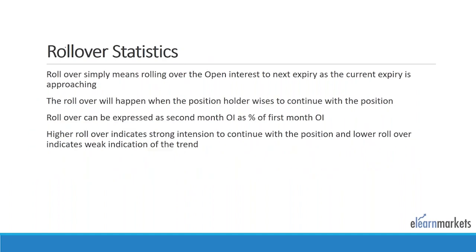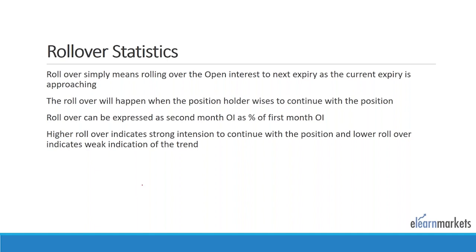What is rollover? Rollover is nothing but whatever contracts you have in the current month, when you want to roll over your contract to the next month, you have to pay certain rollover costs, depending upon whether you are a buyer or a seller of a contract.